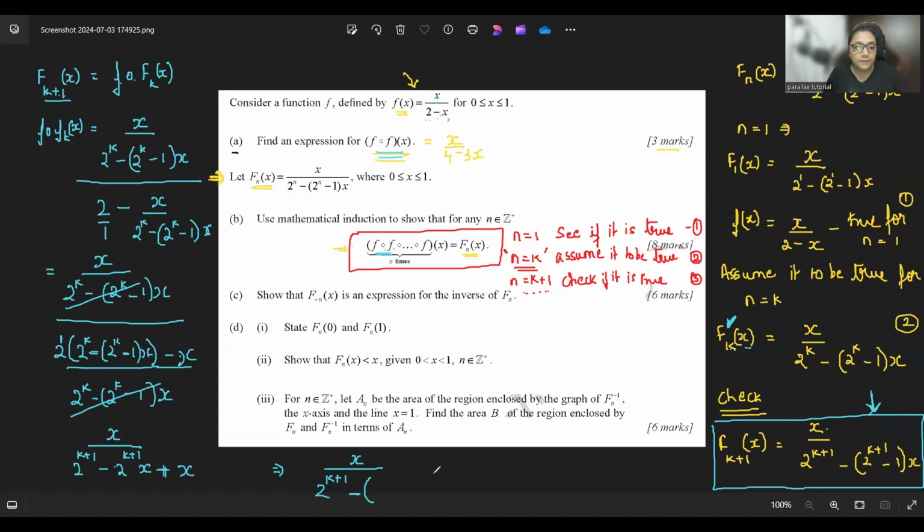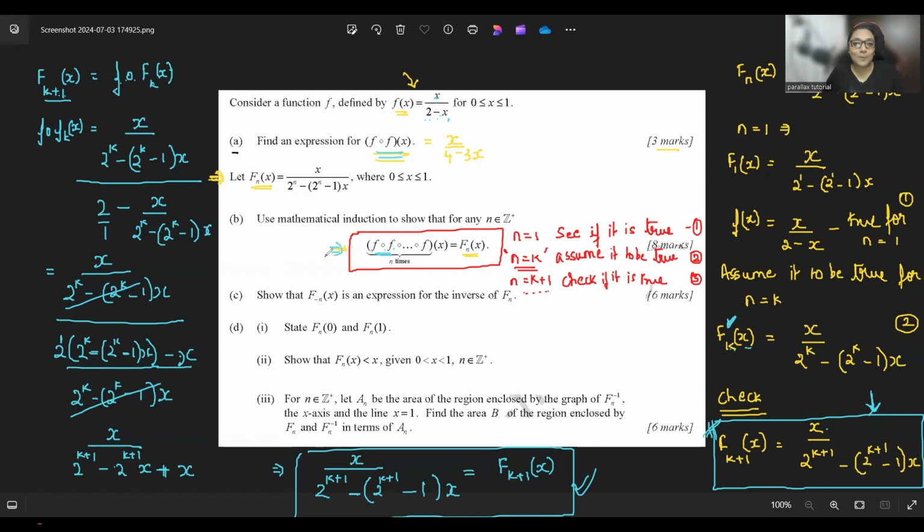What will you be left with if you take x also common? You will be left with 2 to the power k plus 1 minus 1. So this is fk plus 1 x. Hence proved. So by induction, this is what we should get. And when we actually do the f of fk of x, we actually get that. So therefore, we proved that yes, by using mathematical induction, this result is true.